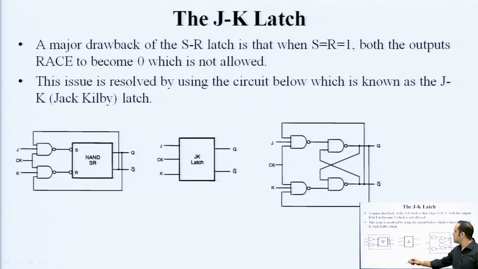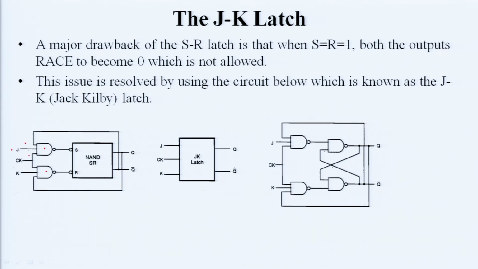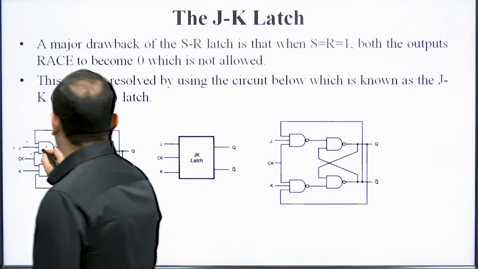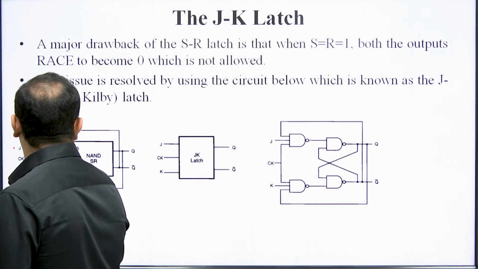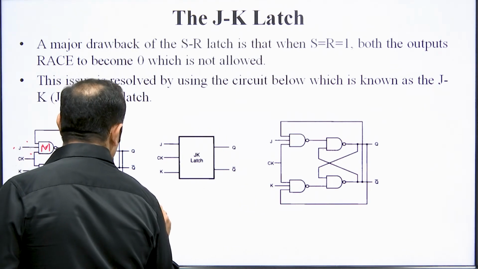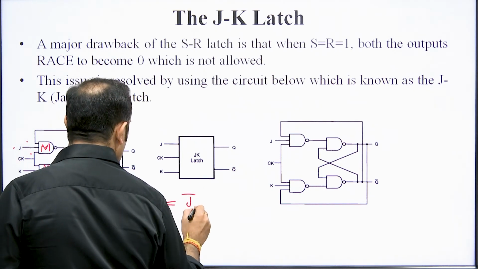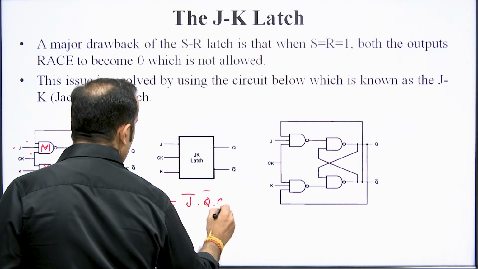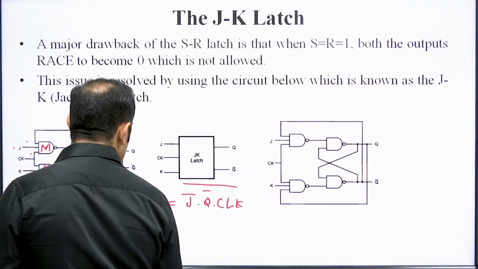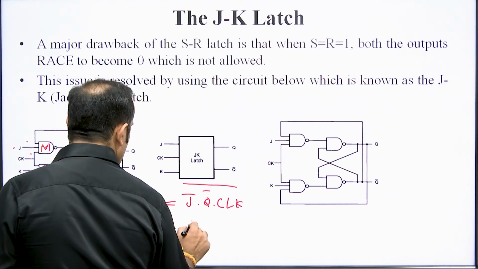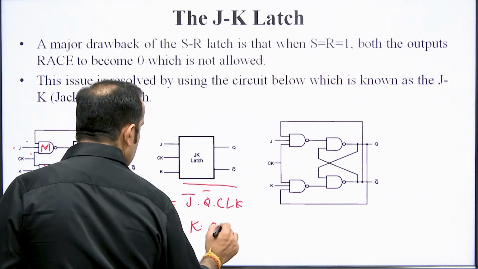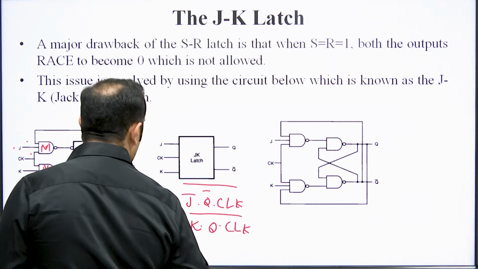So for the SR circuit, if you use NAND gates at the input in such a way that the inputs to this NAND gate are your J input, Q bar and clock. If I call it N1 and this N2, then N1 is equal to J dot Q bar dot clock NAND operation, and N2 is your K input, Q output and clock NAND operation.